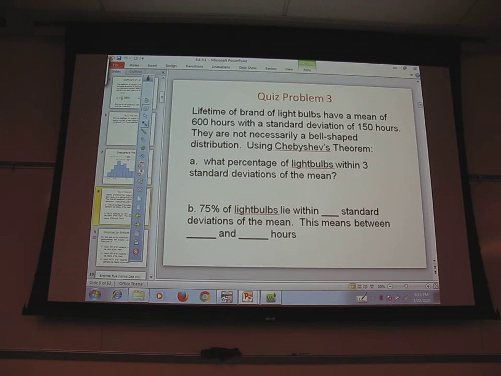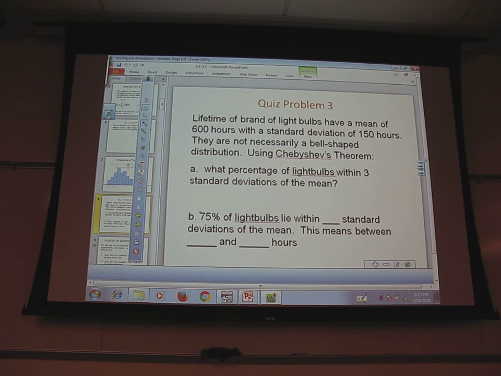So in this problem, please change this. This is wrong. This should have been B. Under B, please add in at least 75%. That is a giant error on my part. At least 75% of light bulbs lie within blank. What percentage of light bulbs lie within 3 standard deviations of the mean?